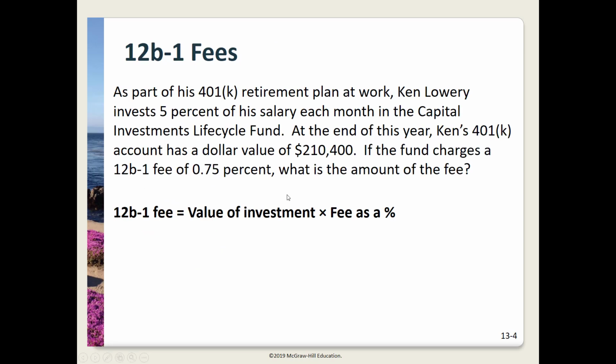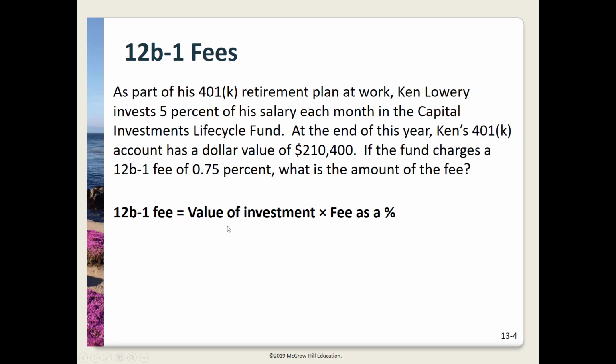Let's look at 12B-1 fees. As part of his 401k retirement plan at work, Ken Lowry invests 5% of his salary each month in the Capital Investments Lifecycle Fund. At the end of this year, Ken's 401k account has a dollar value of $210,400. If the fund charges a 12B-1 fee of 0.75%, what is the amount of the fee?